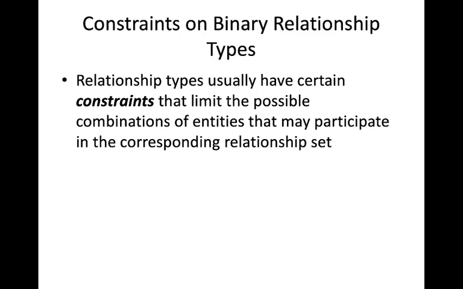For example, each employee must work for exactly one department. An employee cannot work on multiple departments. So that is a constraint, and we have to specify that constraint in ER diagrams also. Like that, there will be different constraints. There should be only a single manager for a department, or a department should be managed by only one person.